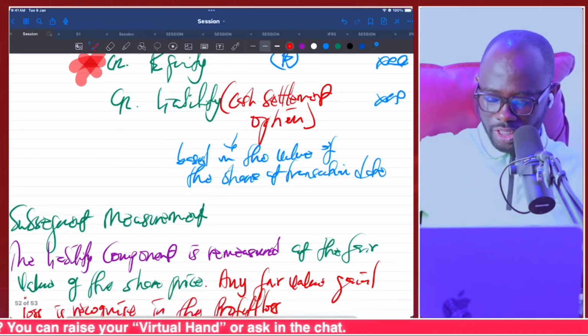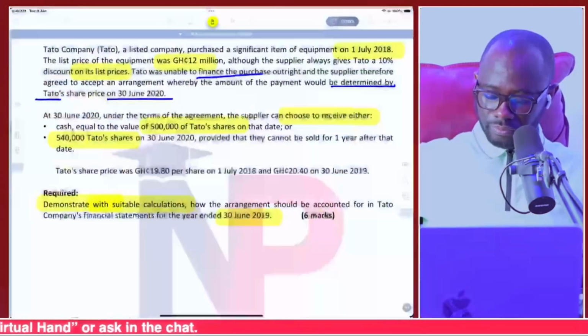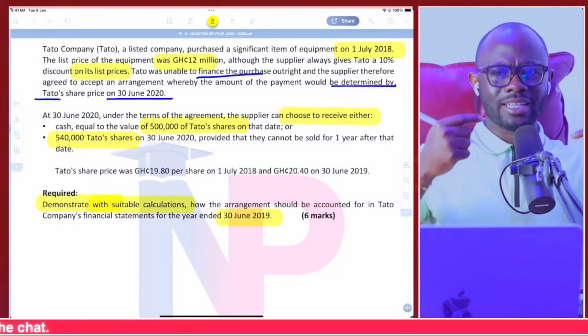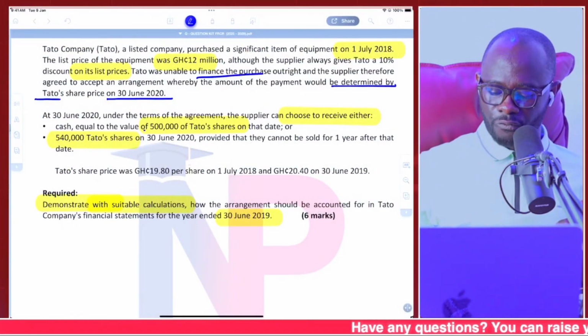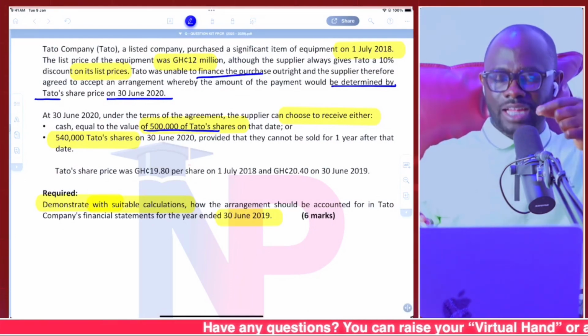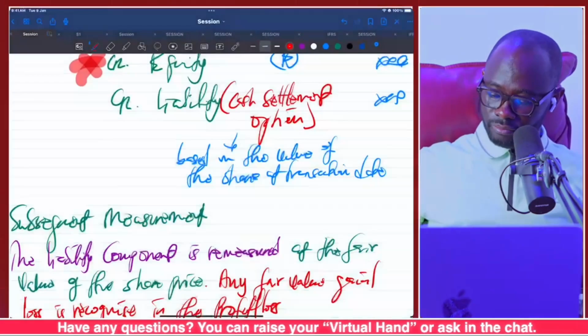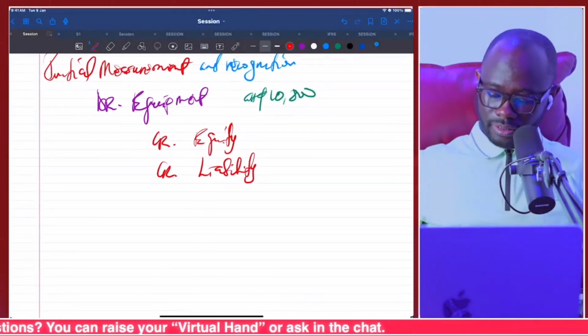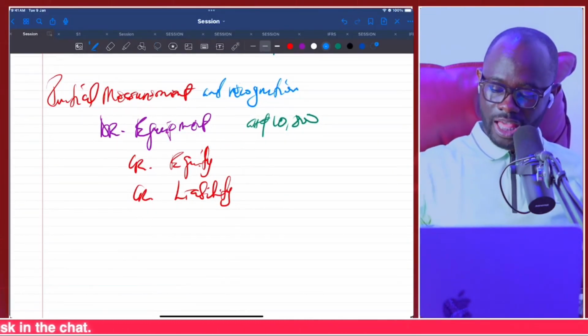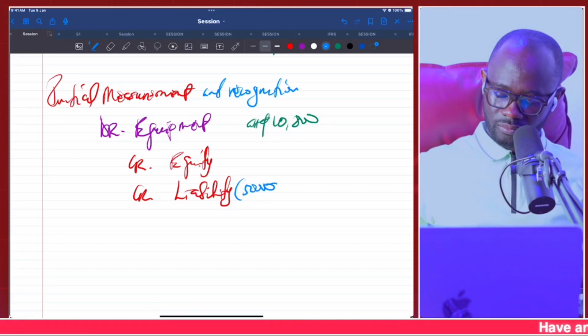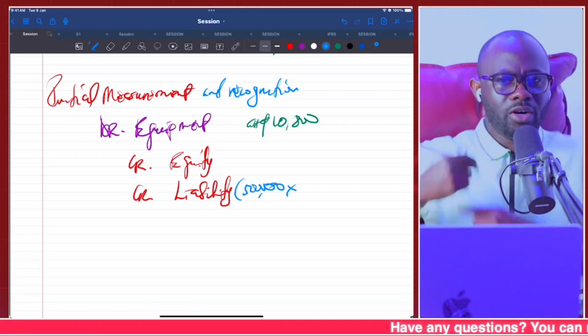Principle. So let's go back to Tano. What is the cash settlement option? They said cash equal to 500,000 of Tano's shares. Okay. So if I come back, my liability is going to be 500,000 multiplied by what?